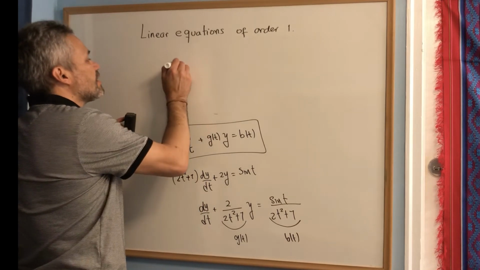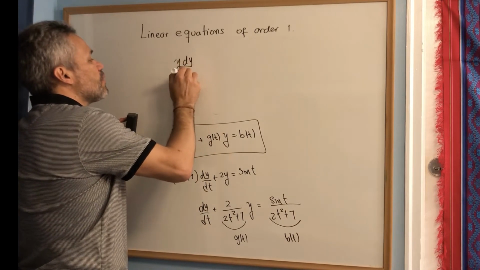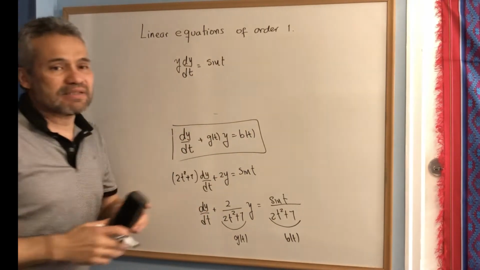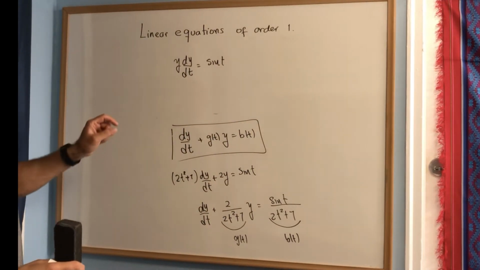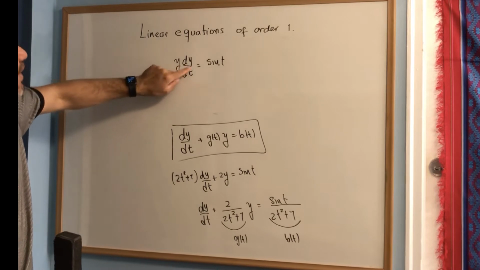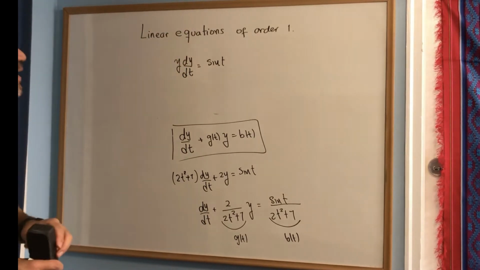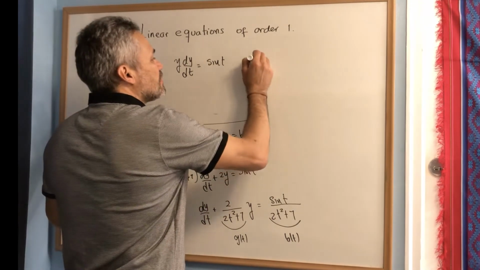If you have something like y times dy/dt equal to sine of t, is this linear? Then we say no, it's not linear, because the two variables, the ones that matter, y and dy/dt, are multiplied with each other. Then this is not linear.